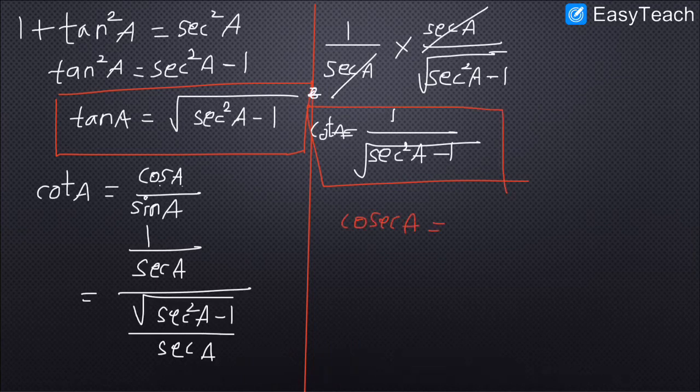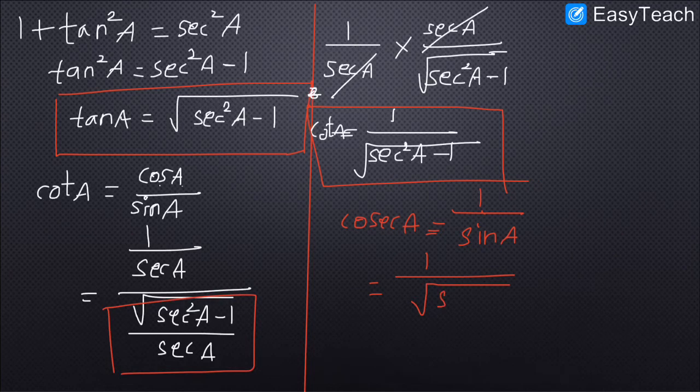So the last one is cosecant A. Cosecant A is 1 by sin A. So again easy. So 1 by, for sin A, what is for sin A? This one, right?